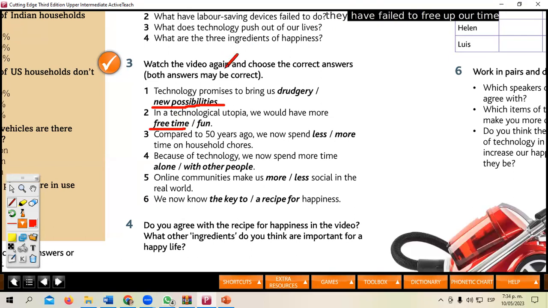Yes, good. Okay. Thank you, Andres. Carlos, for number 3, compared to 50 years ago, we now spend less time on household chores. Yes, we now spend less time on household chores. Good. Number 4, Elkin.